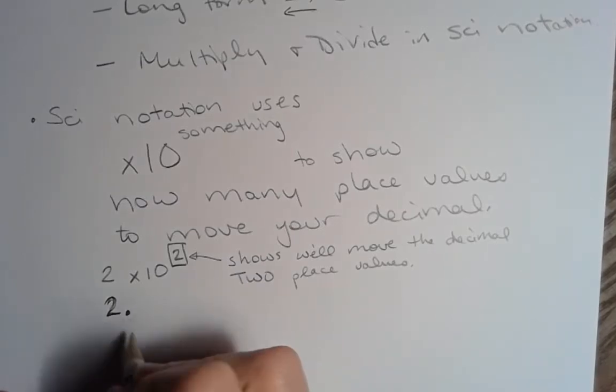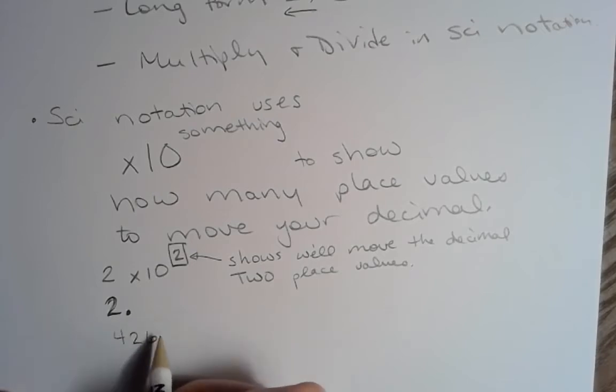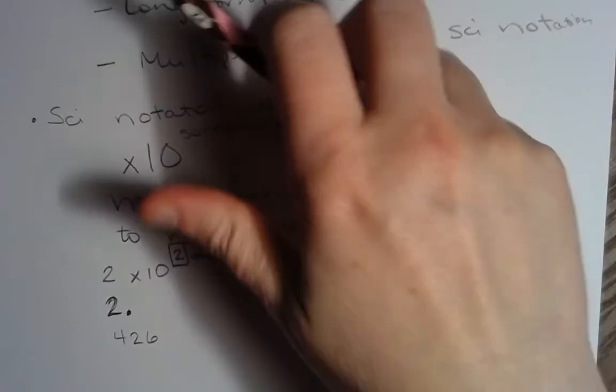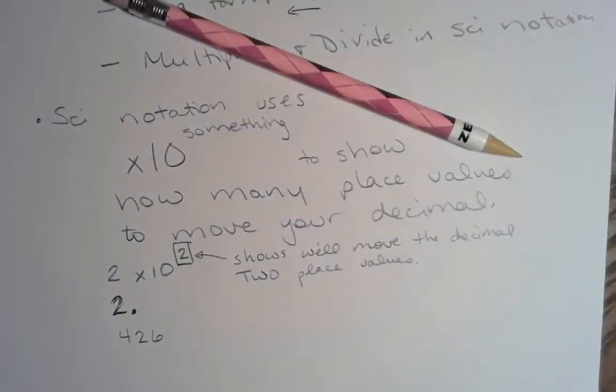Here's another example. 426. Even if I don't write a decimal there, you know from life that the implied decimal is right at the end of the number.